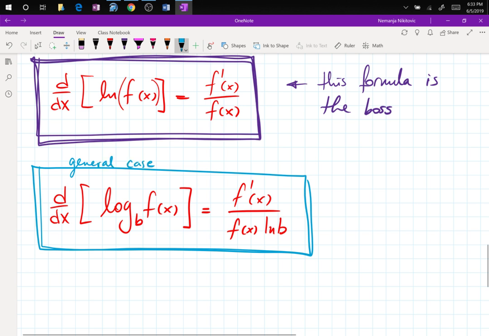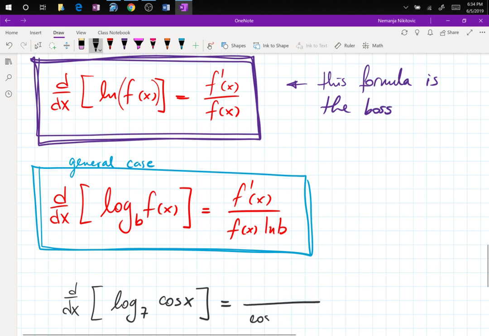So this is the general case, where you can pick any number for the base, and any function in the argument of the log. So you can calculate log base 7 of cosine x. You can use this formula to figure that out. Well, let's do it because we can. What's the derivative of log base 7 of cosine x?